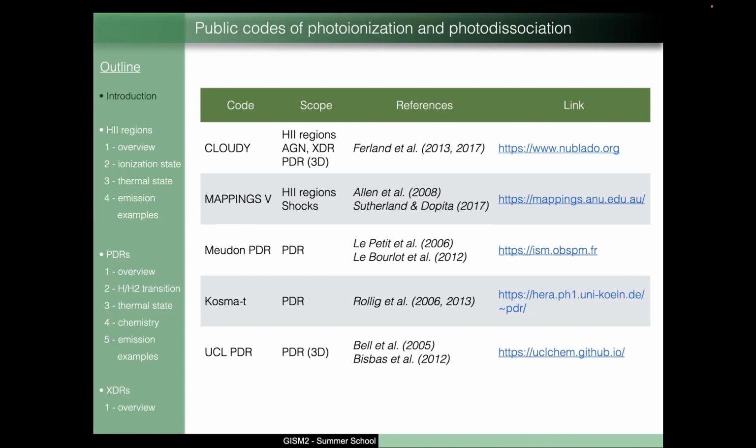For instance, some of the codes are dedicated to photoionized gas, like the Mappings code, which can also do shocks, or the Cloudy model. Other codes are dedicated only to the study of photodissociation regions, like these 3 codes here. And some of them are more versatile, like the Cloudy model, which can do both photoionization regions and PDR models, okay?